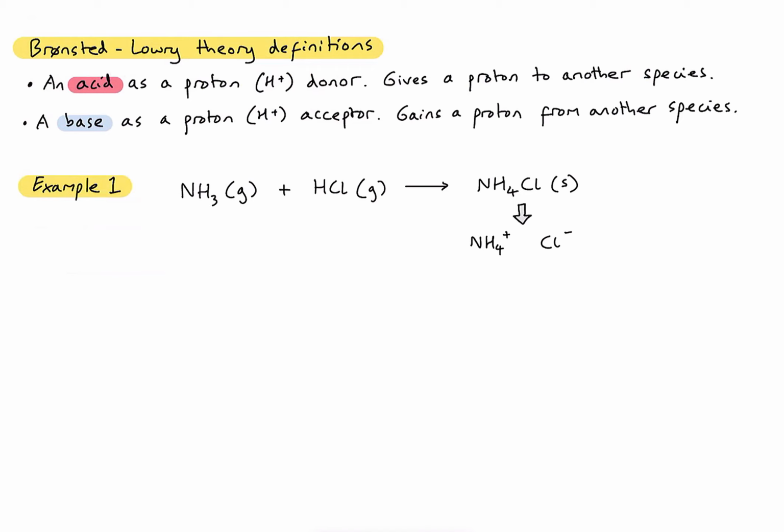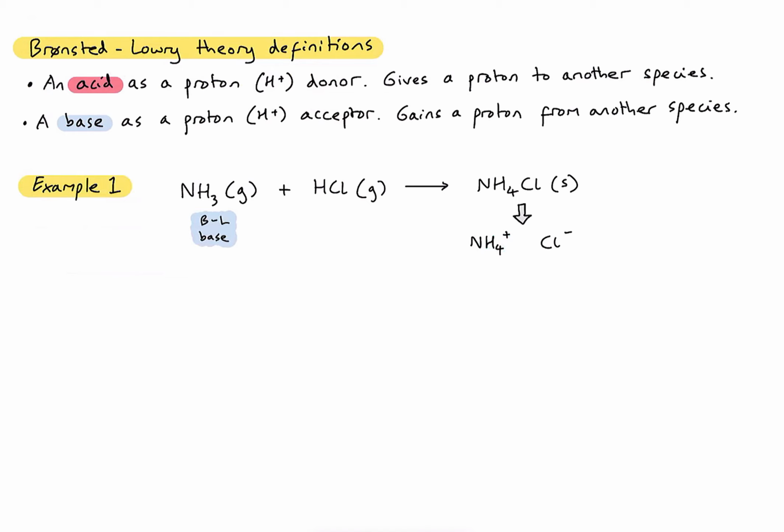So doing that, I can see immediately, well, what's happened to my NH3. It seems to have gained a hydrogen and a positive charge. So in that case, it must have accepted or gained a proton from the other species. For that reason, I can define my ammonia as a Brønsted-Lowry base. It's gained an H+ and become NH4+.